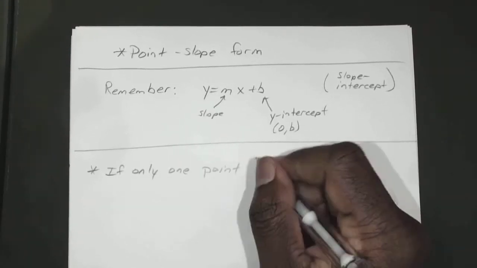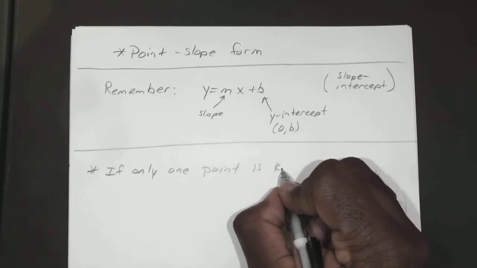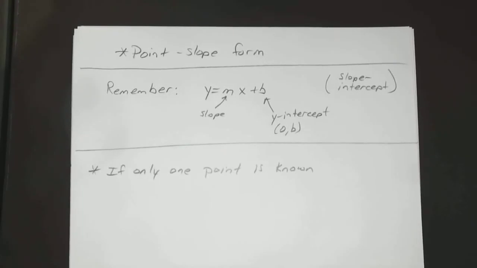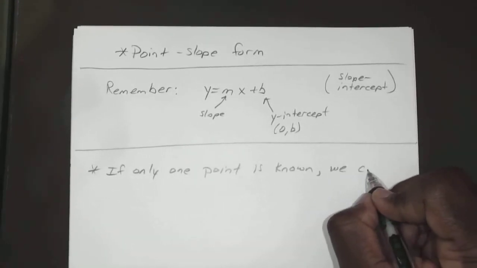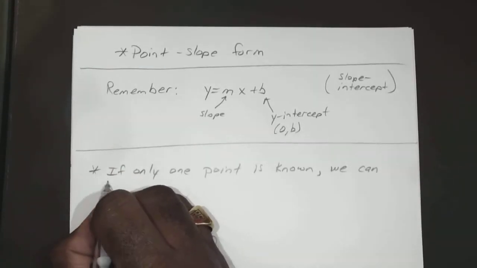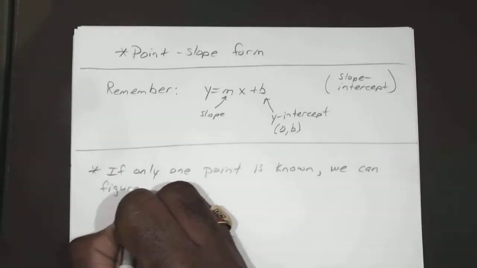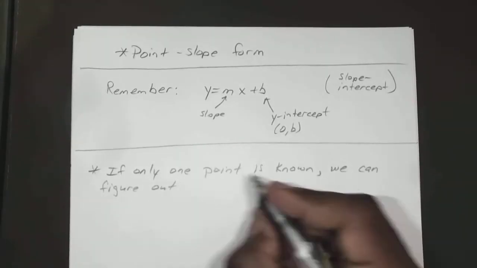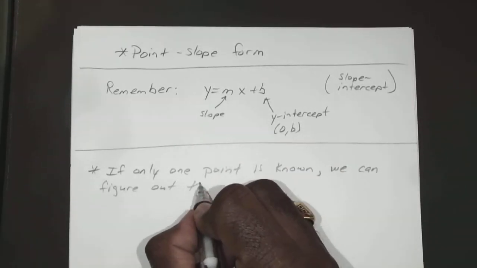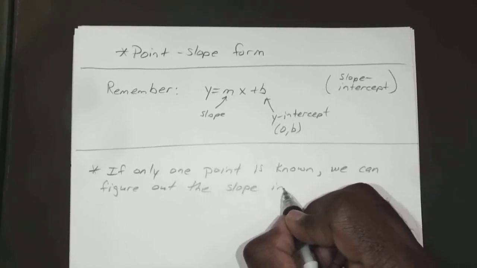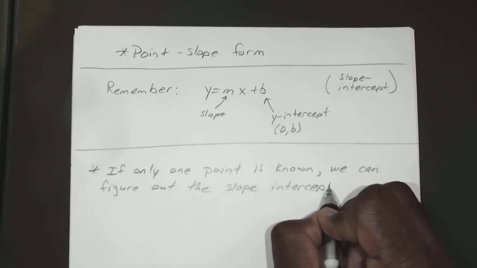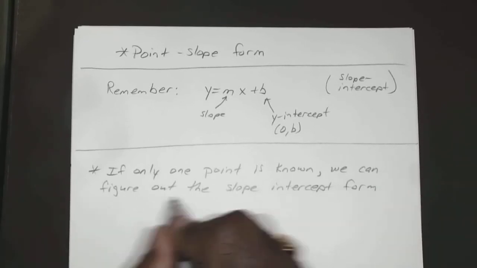If only one point is known, we can figure out the slope-intercept form of an equation.